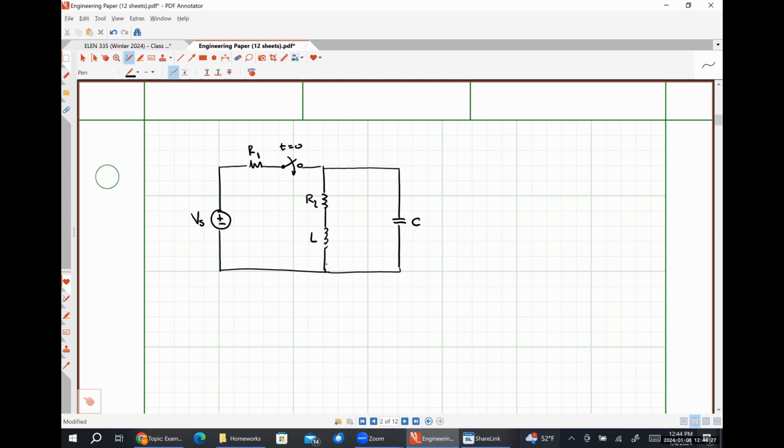This is an example of a circuit that is neither a series RLC circuit nor a parallel RLC circuit.